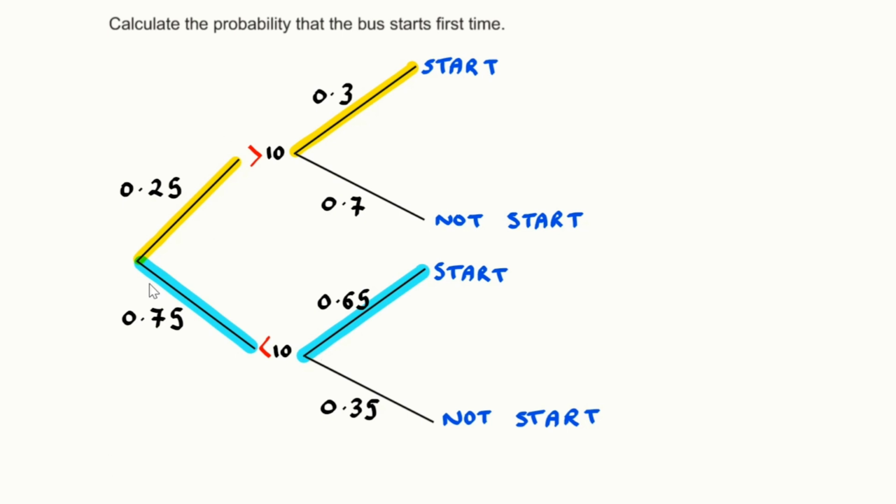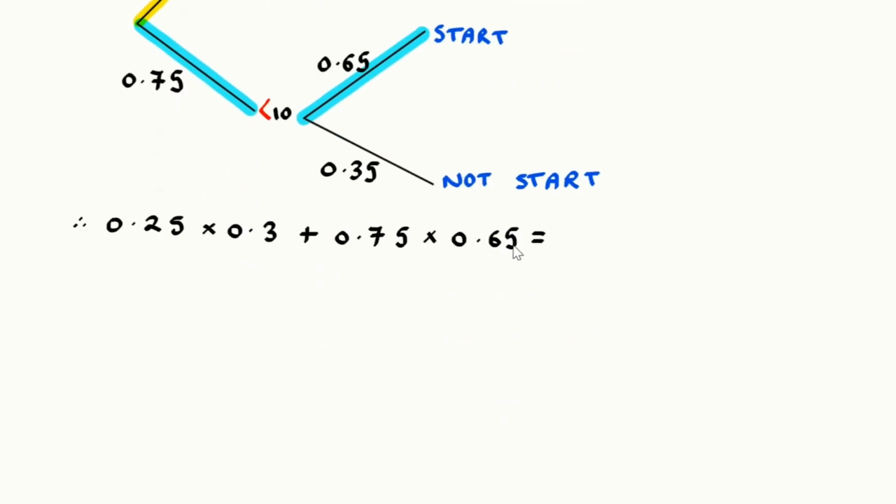So the probability that the bus starts for the first time, we've got 0.25 times 0.3 plus 0.75 times 0.65. This is the probability that the bus starts for the first time.